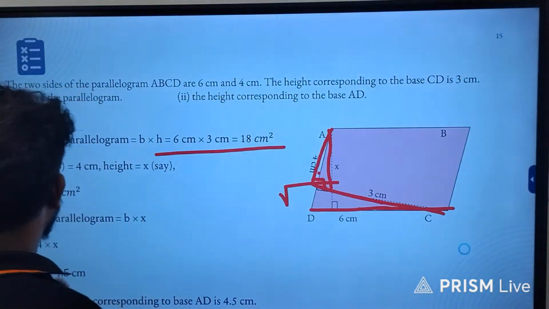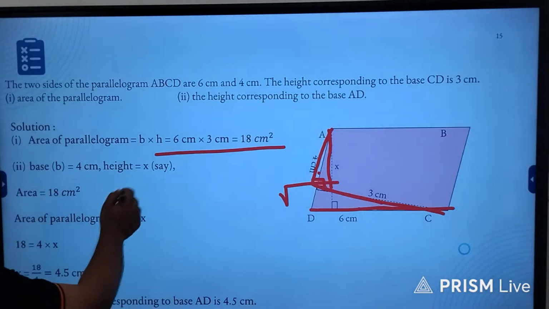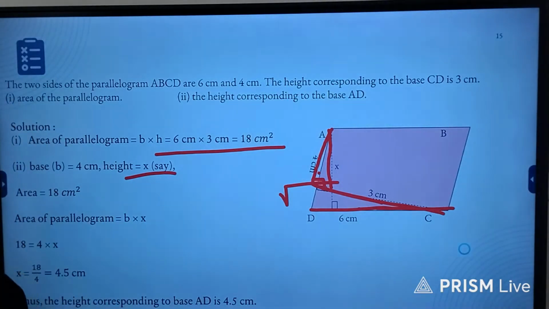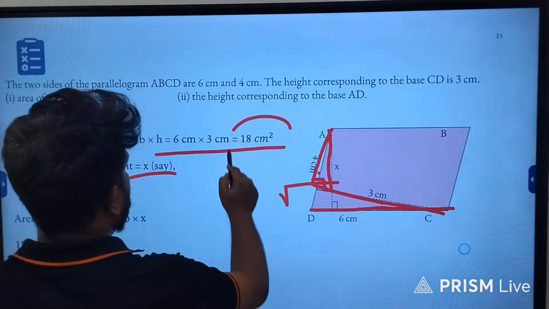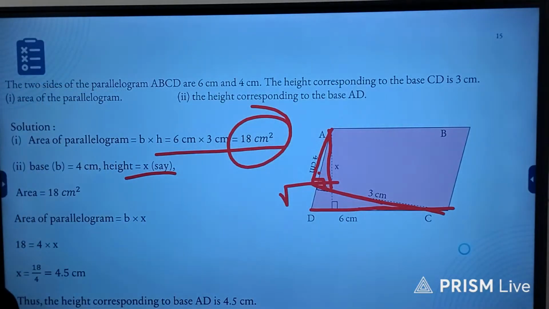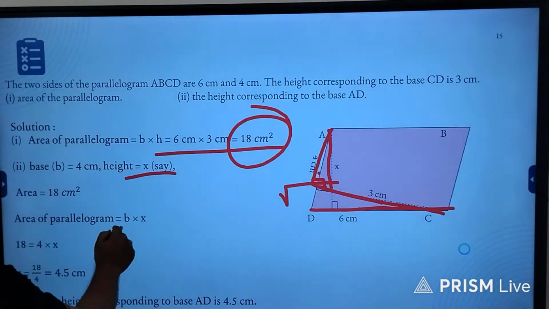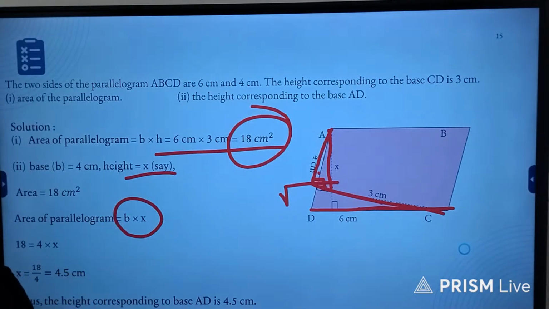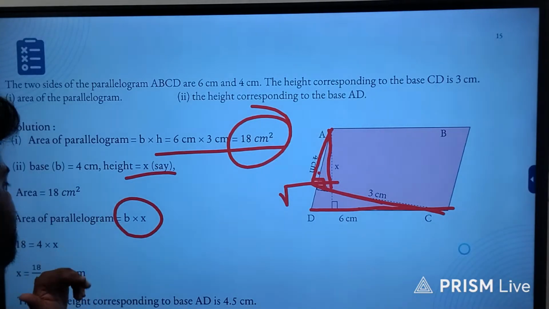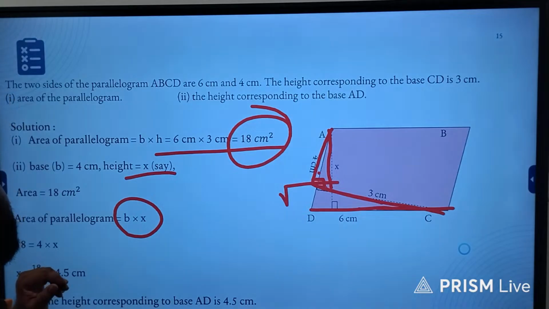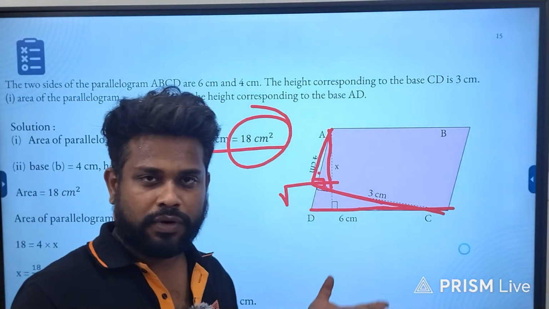Let the base be x centimeter, and the area is already found, that is 18 centimeter square. So, the area of the parallelogram will be b into x, and from that we find the value of x, which we take as the height. So, the height will be found out.